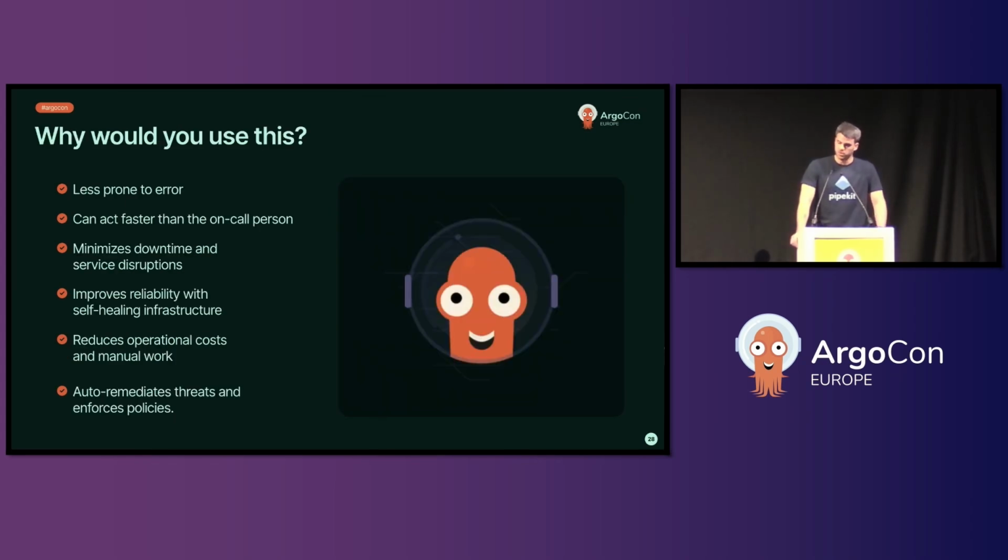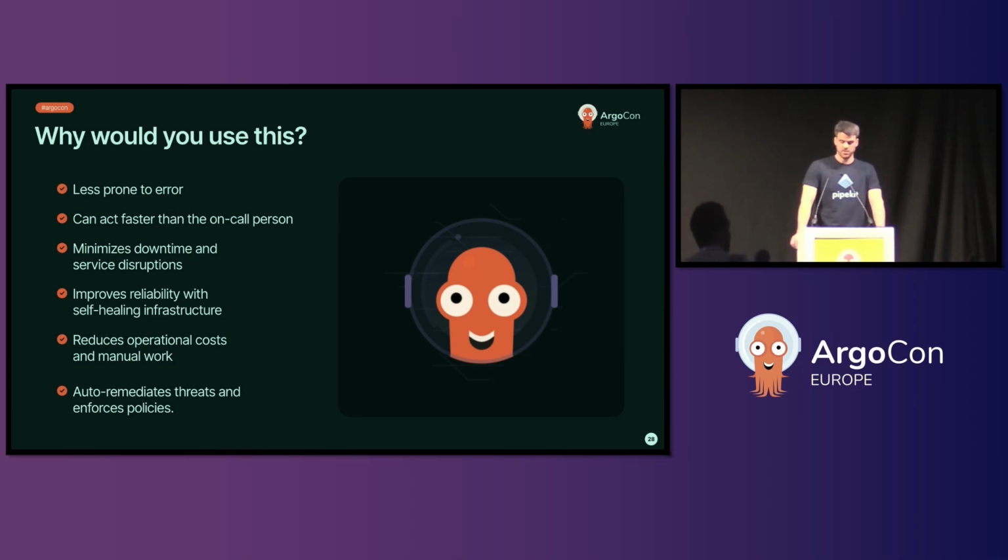So why would you use this? I already mentioned Argo Events benefits and why it's great. I also mentioned that by automating your on-call playbook, you can minimize errors. Automation can act faster than the on-call person. Imagine something happens at night, and the on-call person is woken at 3 a.m. and needs to fix the issue. Of course, something can go bad. This will also improve your infrastructure and reduce operational cost and manual work.